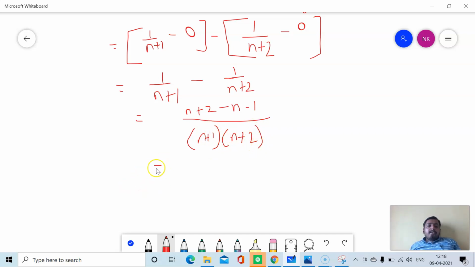Okay, is equal to n will get cancelled. 2 minus 1 is 1 divided by n plus 1 into n plus 2. So this is the final answer.